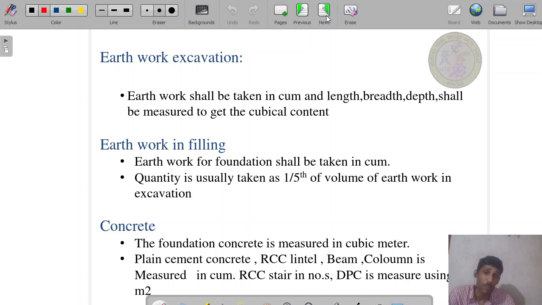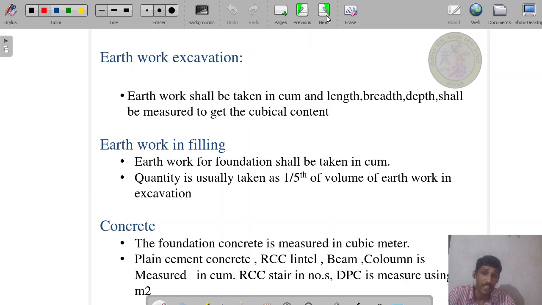Keep that in mind, very important thing. When you are doing the estimation, soil filling is generally computed as 1/5 of the earthwork excavation of the respective items.